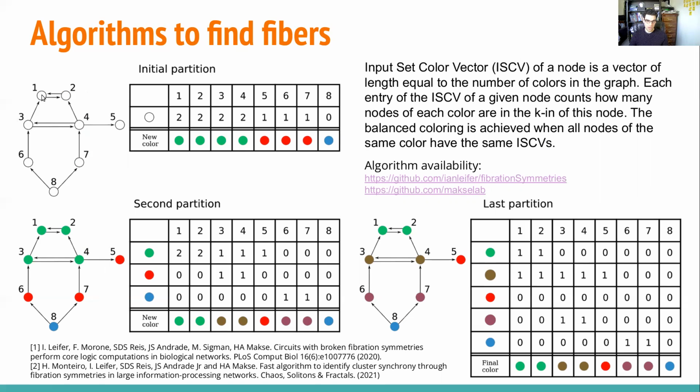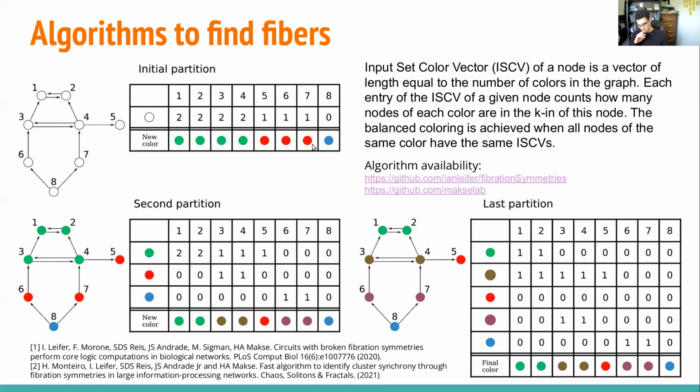If we consider node 1, its input set is node 2 and node 3, so there are two nodes of the white color in the input set of 1. So 1 has the input set color vector equal to 2, which is one dimensional. 5 only receives from 4, so it is 1, and 8 is 0.